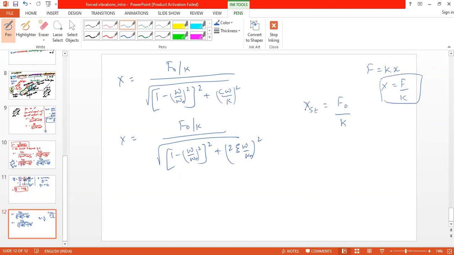So this f naught by k can be written as x static, that is equal to f naught by k. See here, f naught by k is known as static deflection.